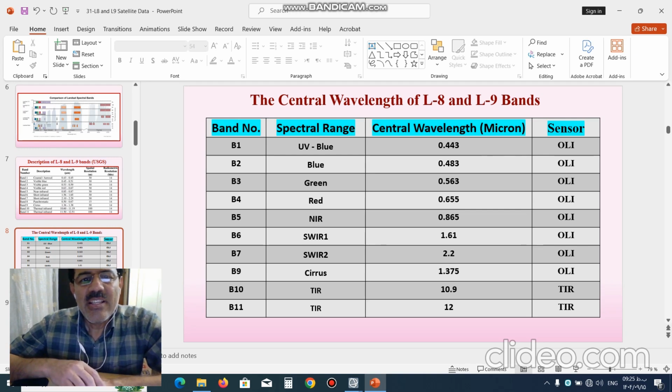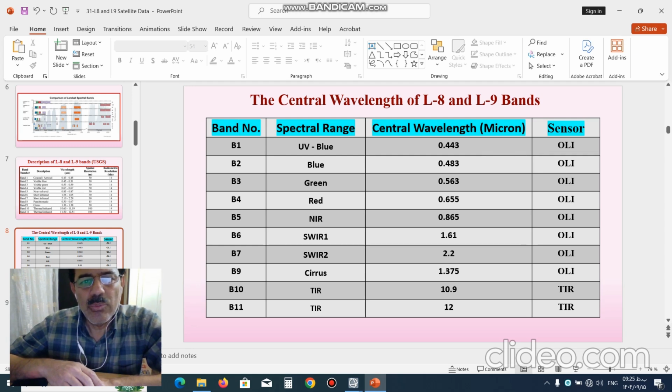And this slide, the central wavelengths of Landsat 8 and Landsat 9 bands. Band number 1 to band number 11. Spectral range: band number 1 UV, UV means ultraviolet, to blue.